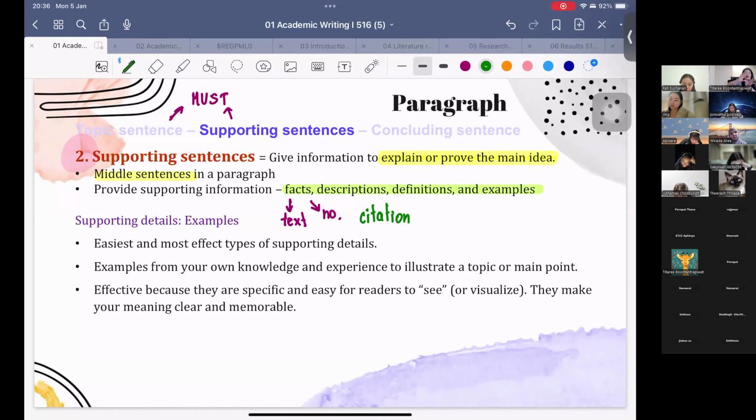So you might not need separate examples, in order to avoid providing redundant information. Redundant information means you talk about the same key idea, maybe in different words, and that keeps your paragraph repeating the same things, which is not ideal. We don't want that. So in the supporting sentence, you don't always need examples, but if you feel that having an example would better explain your argument, you should include it. But if you feel it's okay not to include one, then don't.